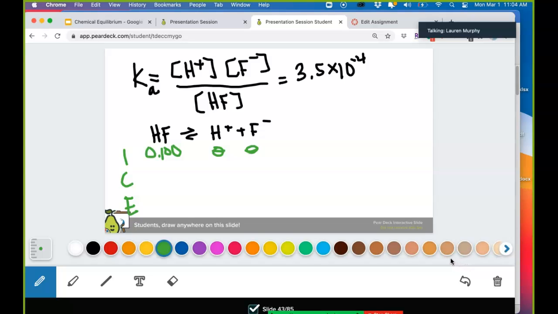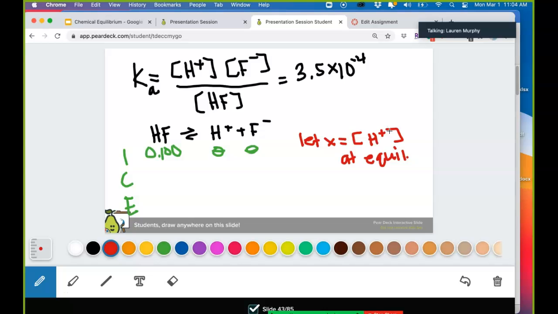I don't have any other information here. So because of that, you have to let X equal something. You pick a product, and you pick a product that you only have one of. And you let it equal that thing at equilibrium.